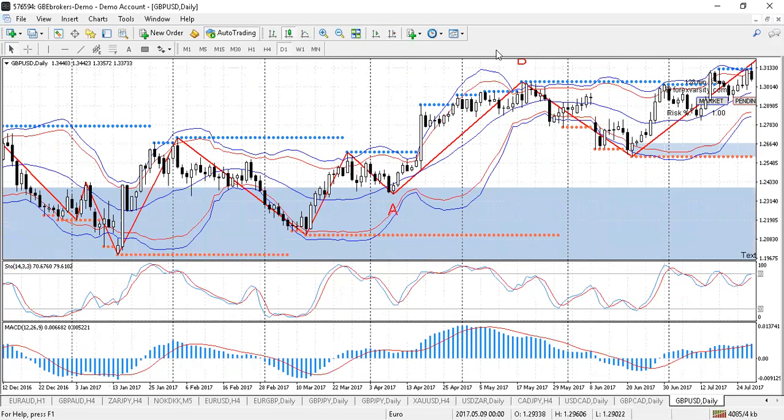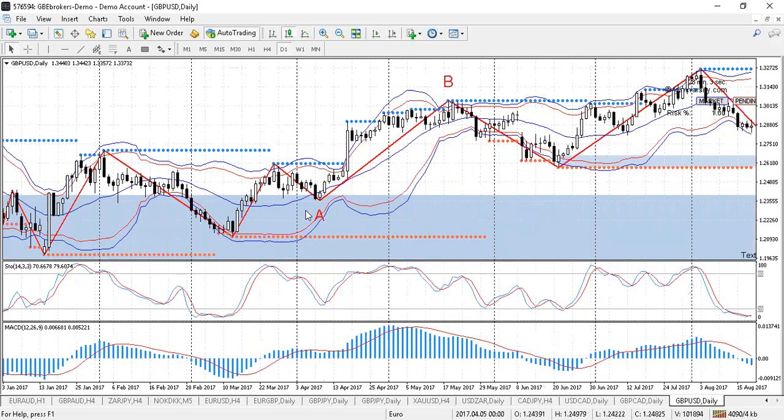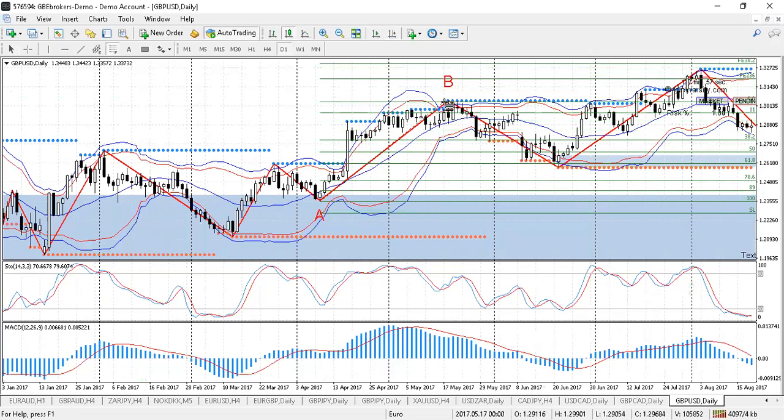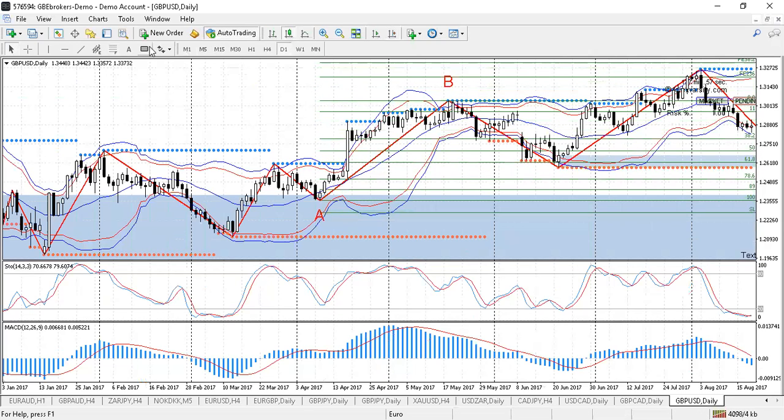So we identify it's an upward trend. We've got an A, B, and we draw our zone, we draw our Fibonacci. We look at previous support and resistance, and we get ourselves a zone.